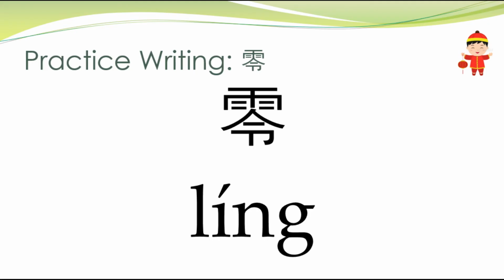Next one, we have ling. Ling means zero. Pwede mo naman isulat yung zero na lang kung gusto mo sabihin yung zero in Chinese sa pagsusulat. Kaso kung gusto mo mas maarte, pwede mong isulat tong ling. So again, check the next clip para makita mo paano isulat to.